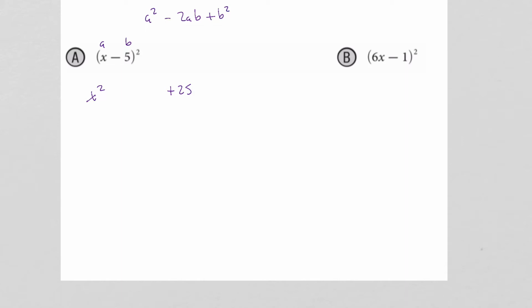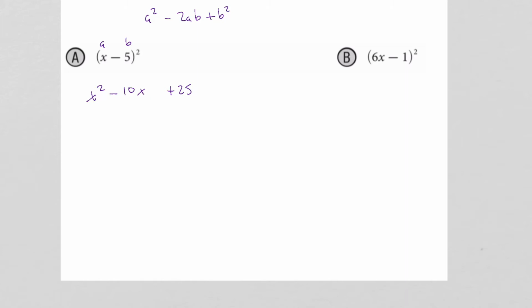And then in the center, you have negative 5 times x times 2, and you get minus 10x. 2 times 5 times x, minus 10x.